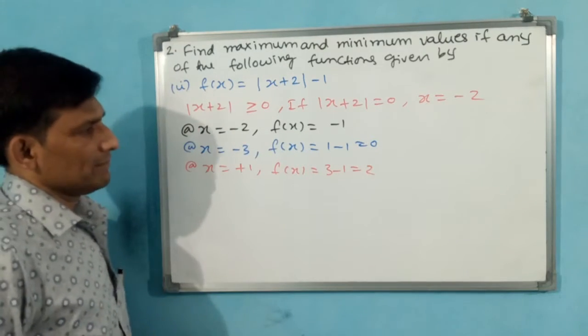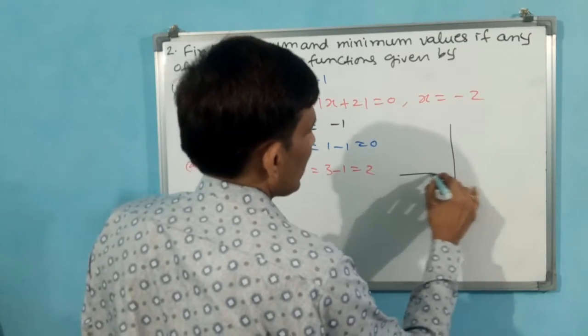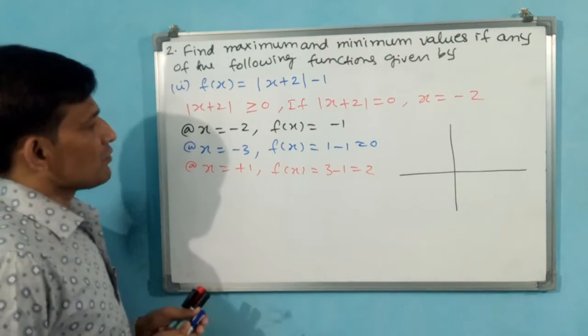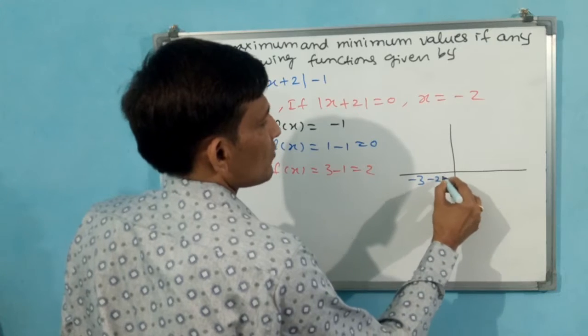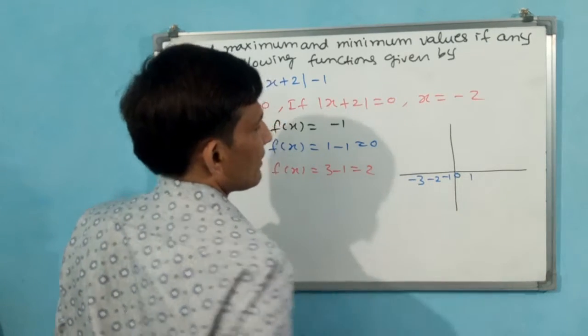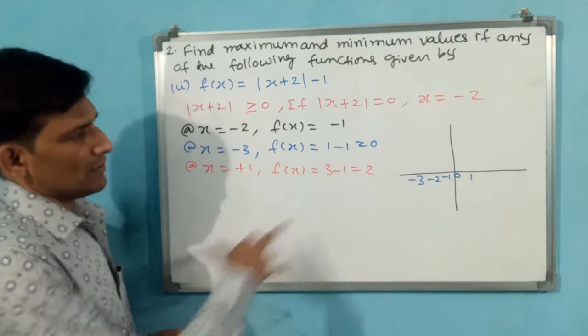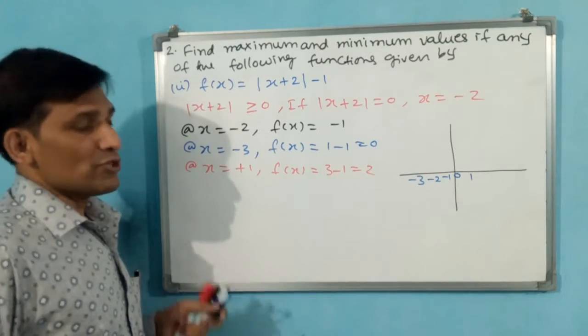Now you draw the graph. See how I am drawing the graph. What are the inputs? Minus 3, minus 2, and plus 1. That means I am taking minus 3, minus 2, minus 1, 0, 1. Minus 3 up to plus 1 will be the input. Outputs are minus 1, 0, 2.